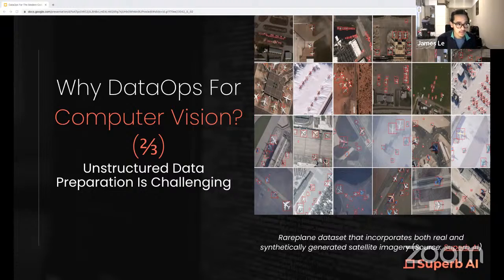And overall, when you're working with image and visual data, the sample is high, but you also need to be very careful about drawing the right bounding boxes, for instance, right? And a lot of these things require domain expertise to understand what makes up an actual label. And because of that, preparing data for computer vision use cases is generally not for the faint of heart.